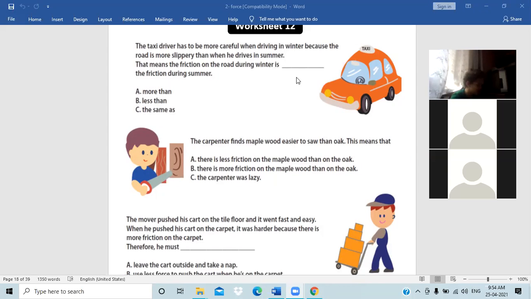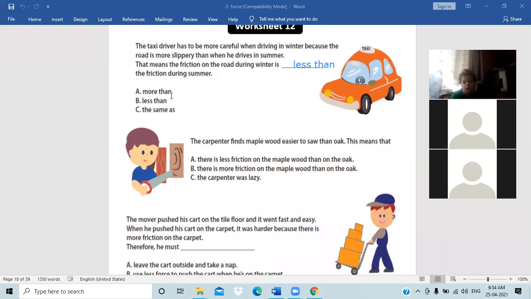Is less than. Very good. Is less than, because if it's more than, this means that the car will not slip, the car will grip to the road. So the friction in the winter is less than the friction of the summer, and this is why the road is slippery. Okay, so the answer is B, less than.